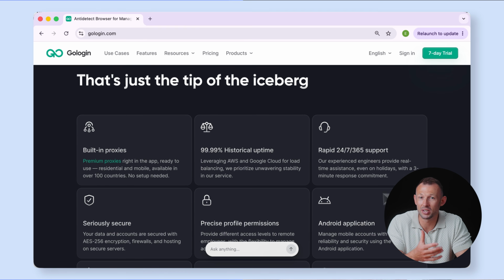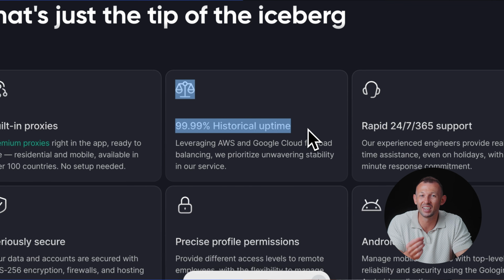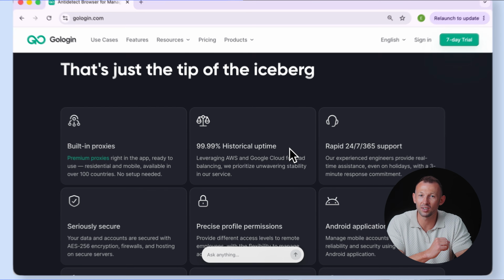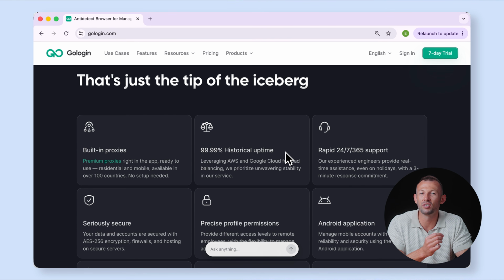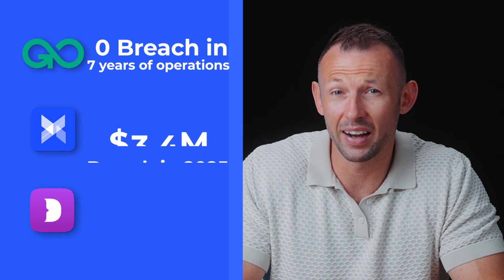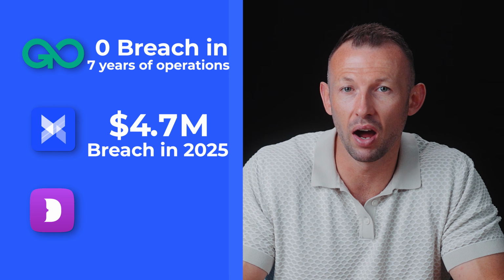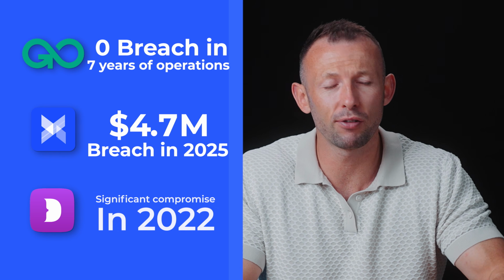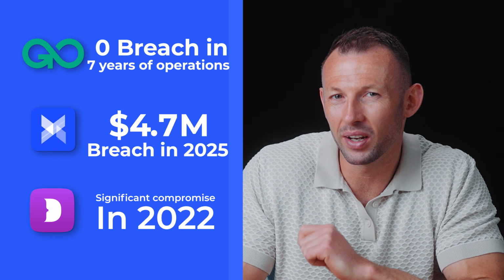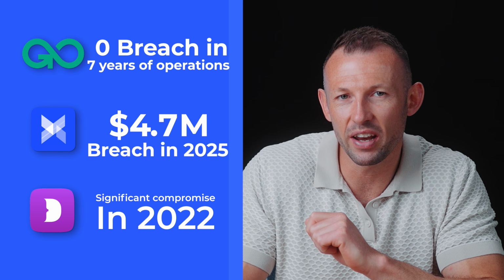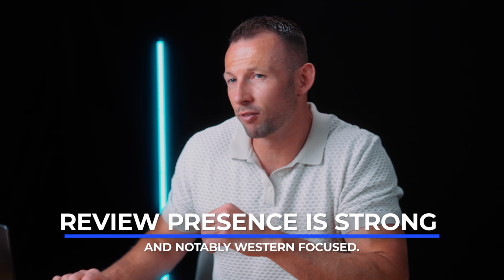The team claims 99.99% yearly uptime across 2022 to 2025, with 0 user data leaks. In a category where AdsPower had a $4.7 million breach in 2025 and Dolphin had a significant compromise in 2022, that's a genuine differentiator. Review presence is strong and notably Western focused.